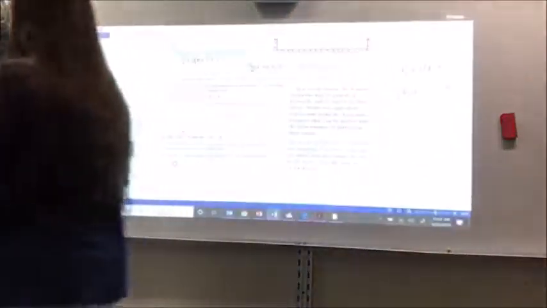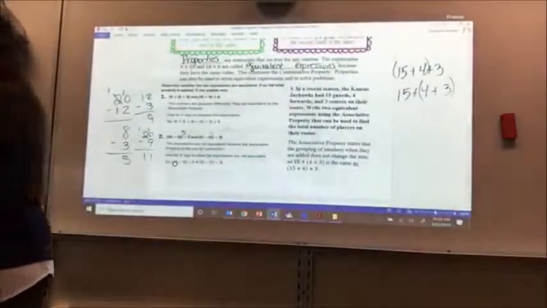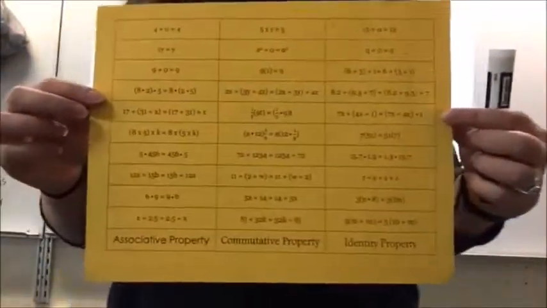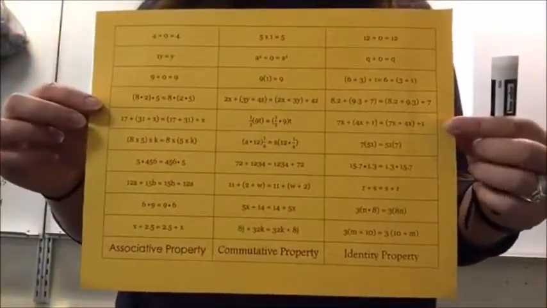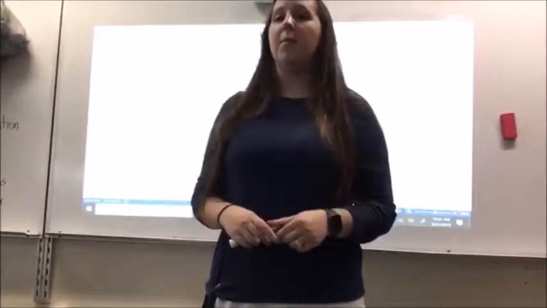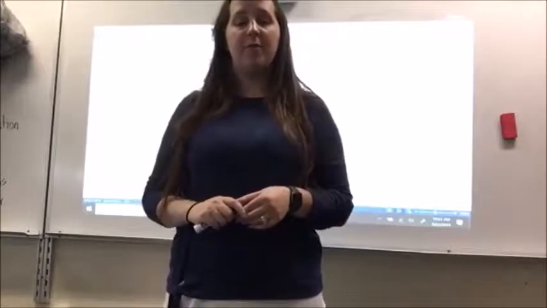And then you can do identity at the bottom if you want to do that. But somehow I need to know which of the properties on this yellow sheet right here are associative, commutative, and identity. Once you have them glued in, bring the book up to me and I'll check it for correct.